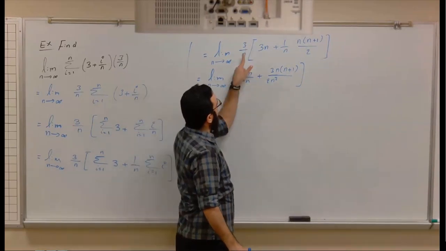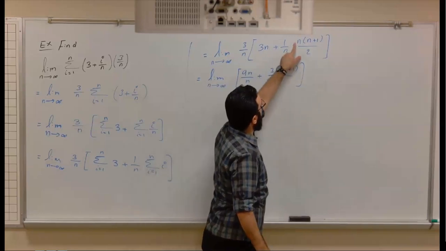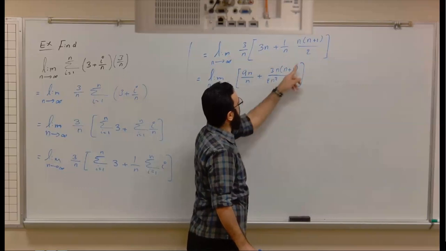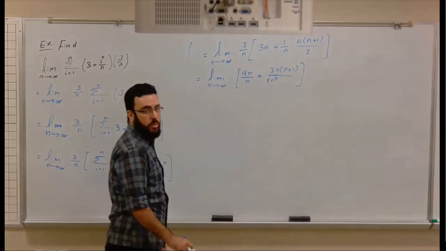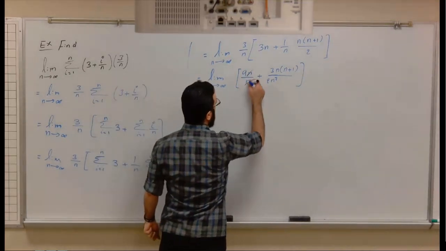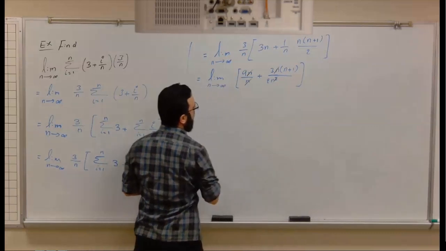Plus 3 times 1 is going to be 3. And here is the n and n plus 1, and n times n is going to be n squared. And here is the 2. Next step, we can simplify. Cancel these. Cancel 1 n with 1 n here.